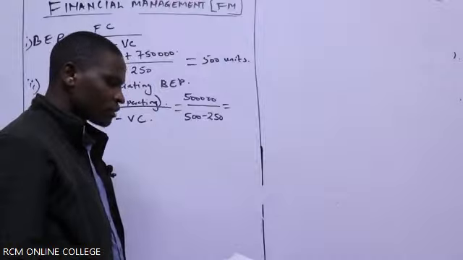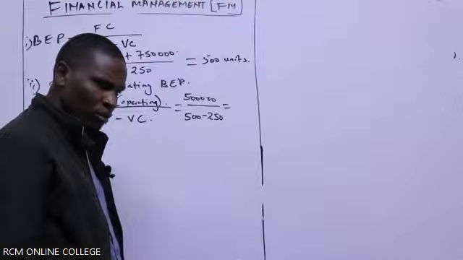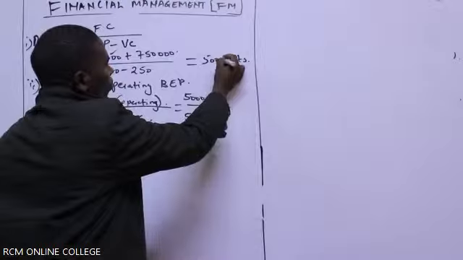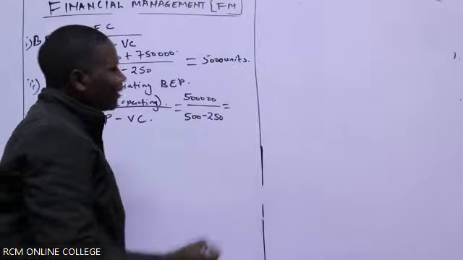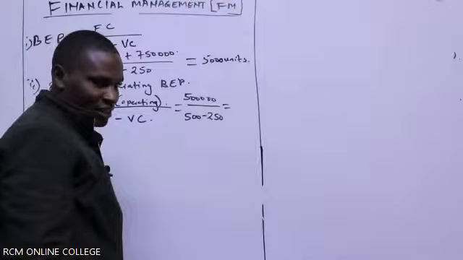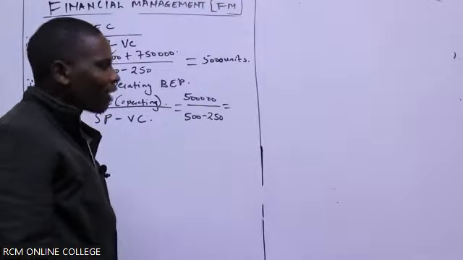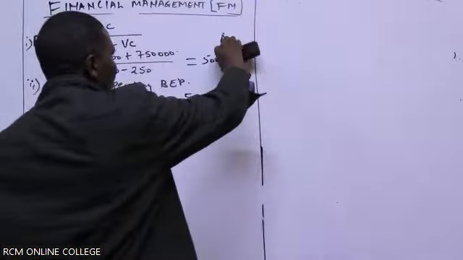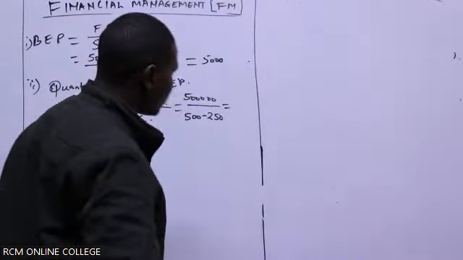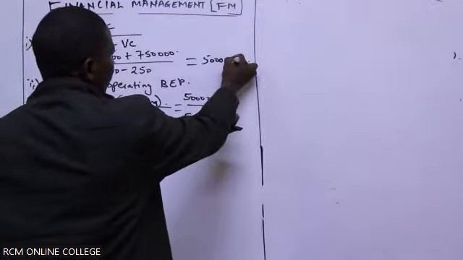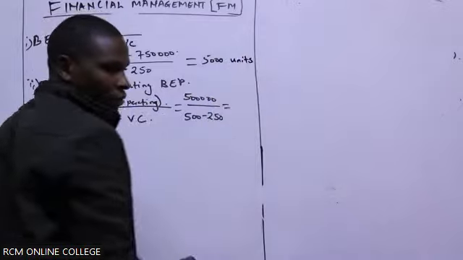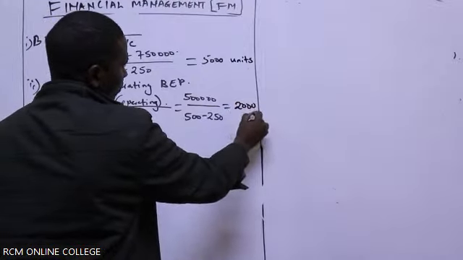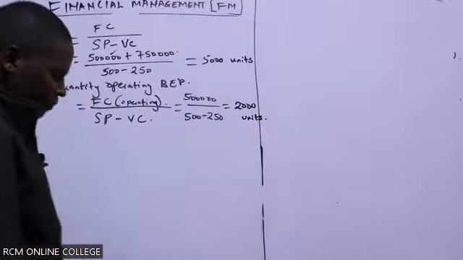The firm has a fixed operating cost of 500,000. The BEP is 5,000 units. Okay, thank you. 5,000 units. What about this other one, how many units? The BEP of operating alone. How many is this? 2,000 units. So we are done with that.